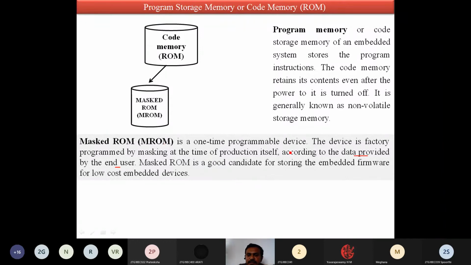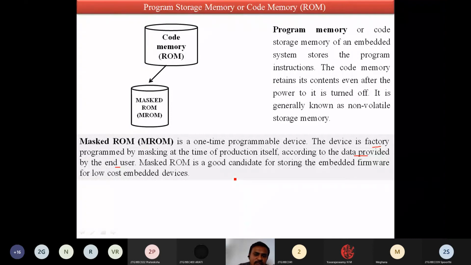It is a factory-created ROM. The program and data on this memory chip are stored from the industry itself. The end user can't write anything in this ROM.